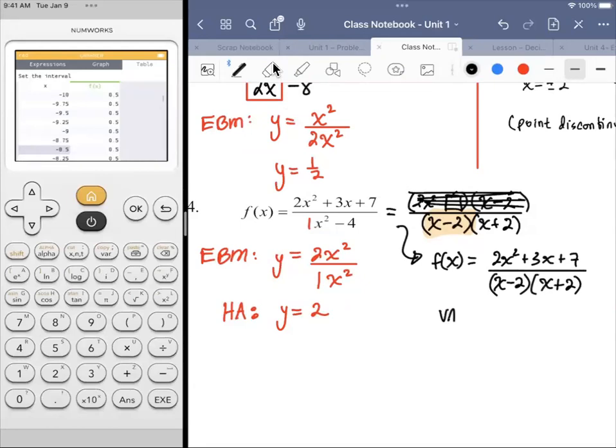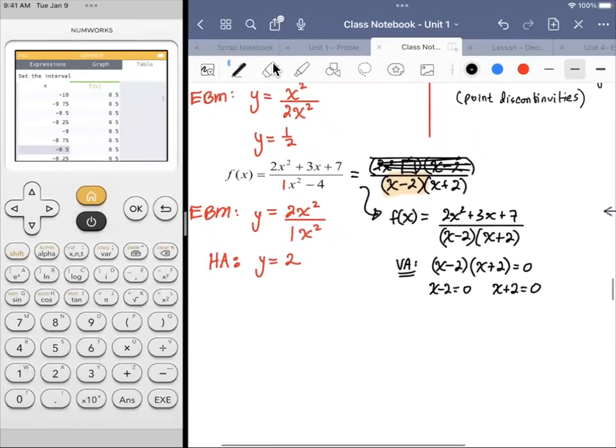Because there are no common factors top and bottom, my vertical asymptotes are going to come from the solution of x minus 2 times x plus 2 equals 0. So set each of those factors equal to 0. And solve. And I have now my set of vertical asymptotes.